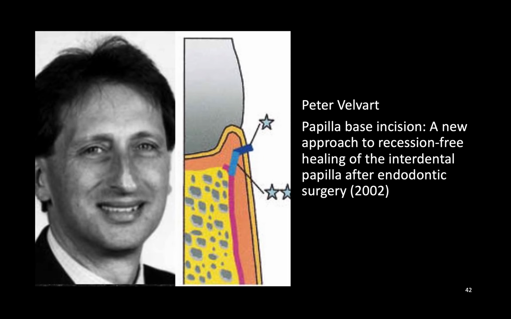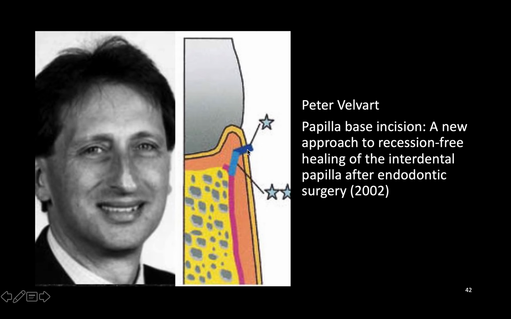Peter Velvart suggested that we can spare the dental papillae and leave them in situ and place our incision at the base of these papillae. So this flap design consists of a shallow incision at the base of the papilla.